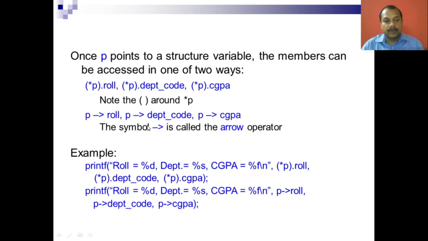So this is the arrow operator. You can try this out by writing a small program where you give some roll number, cgpa, and department code as input, and access them using star p in one statement and the arrow operator in another.